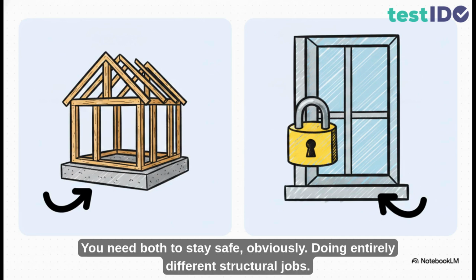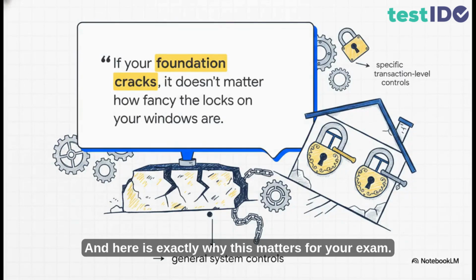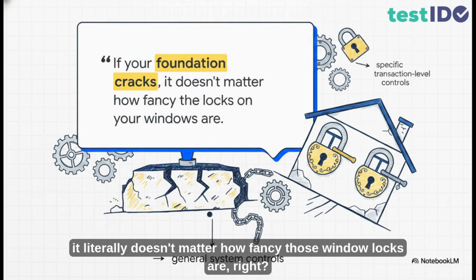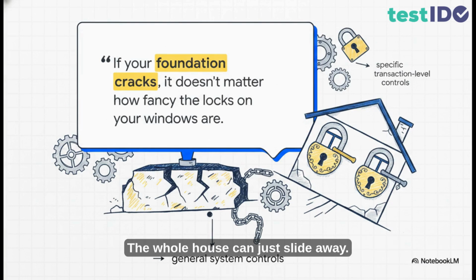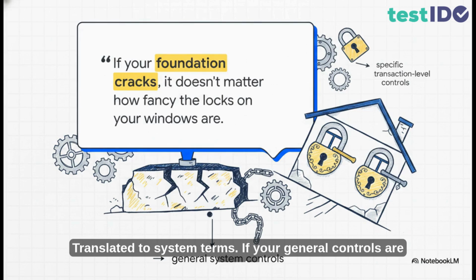You need both to stay safe, obviously, but they're doing entirely different structural jobs. And here is exactly why this matters for your exam. If your foundation cracks, it literally doesn't matter how fancy those window locks are, right? The whole house can just slide away. Translated to system terms, if your general controls are weak, your specific transaction level controls simply cannot be trusted.